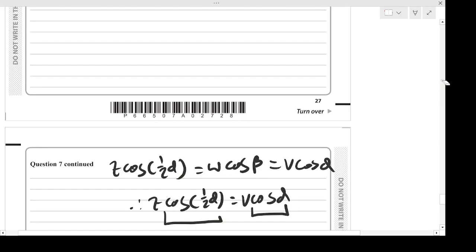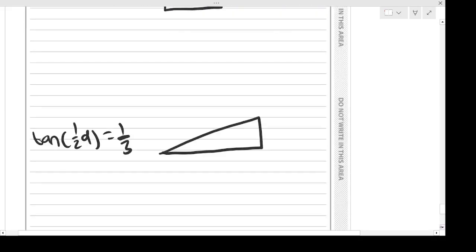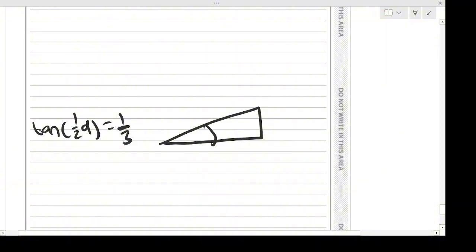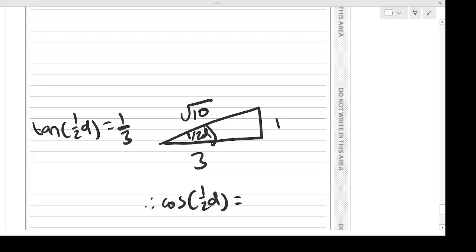We want an expression for that. If I call this angle a half alpha, then the opposite is 1 and the adjacent is 3, because tan is opposite over adjacent. Then the hypotenuse, 3 squared and 1 squared is 10, so it's root 10. Therefore we can deduce that cos of a half alpha is the adjacent over hypotenuse, so 3 over root 10.